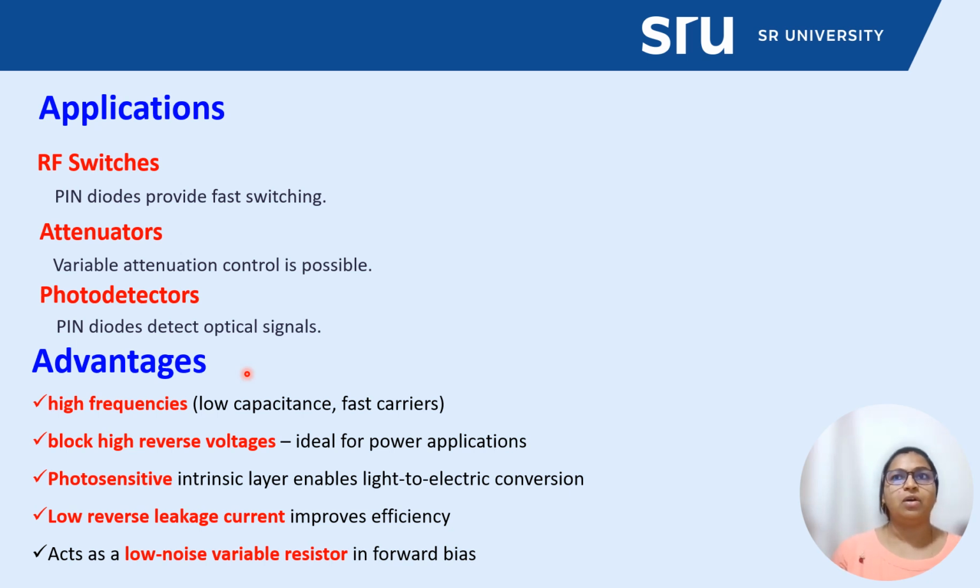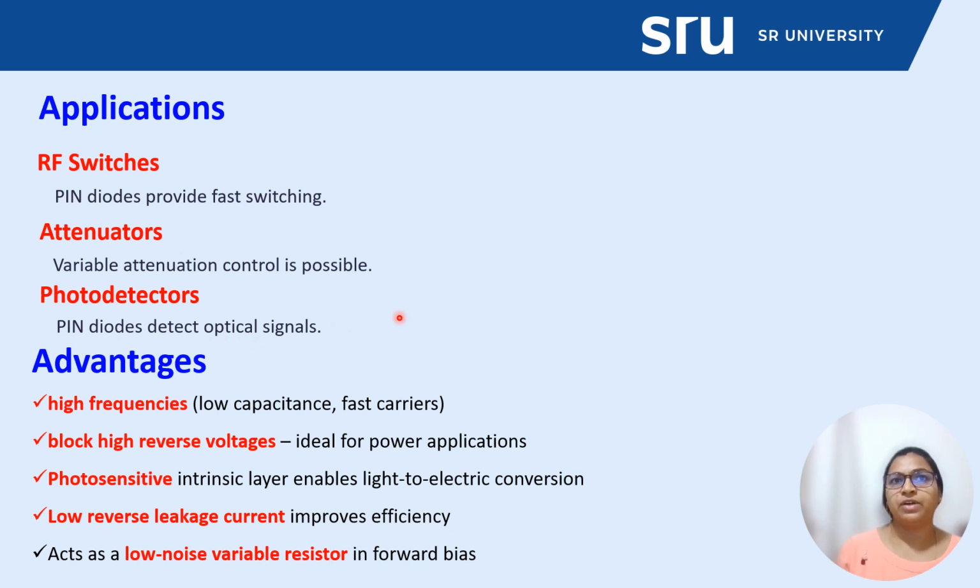It also has fast photosensitivity because of this intrinsic region, which enables the diode to convert light into electric current. That's why it is used as a photodetector.